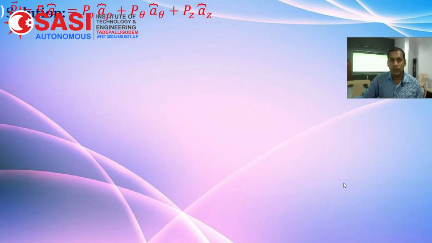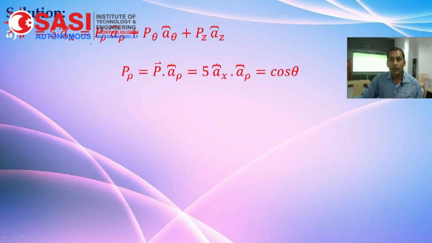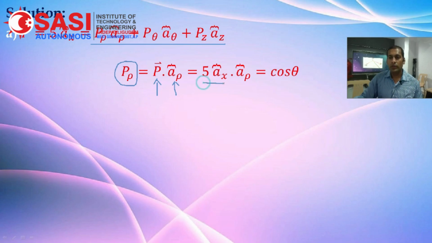So first one, where point P is at ρ a_x cap. We have to represent this in terms of r, θ and z. So we have already seen the component of radius ρ. Here we have the vector, magnitude and direction. This is the magnitude ρ a_x cap and this is the direction a_r cap.